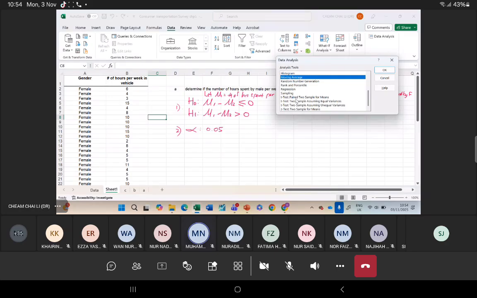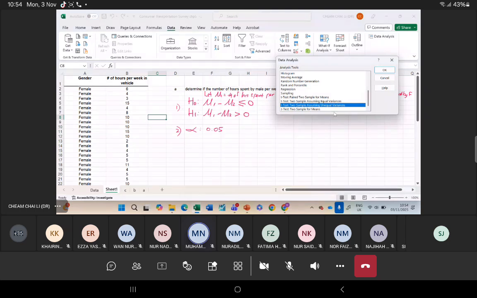Yang ni kita akan buat next class. This is the paired sample. And then now I want you to look at the two. Yang ni exact test bukan. So t-test, either you choose t-test assuming equal variances atau unequal variances. So I will choose the second last.